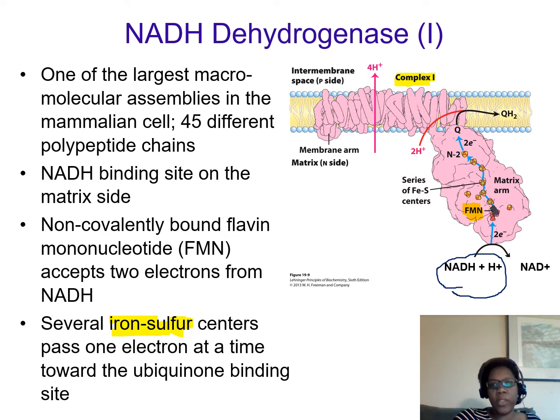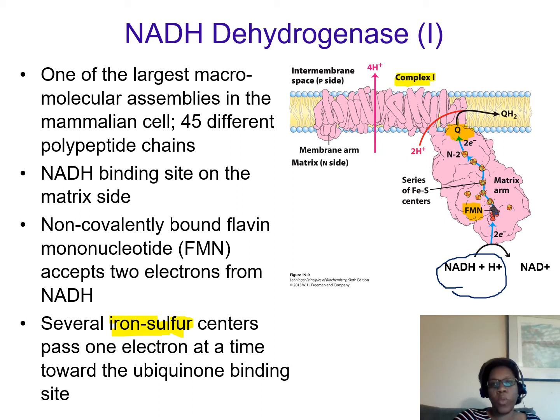Finally, we get to a cofactor called Q, and it's the final electron acceptor. So we've taken the electrons from NADH, passed them to FMN, passed them on to a bunch of iron centers, and then our final electron acceptor in complex 1 is Q.